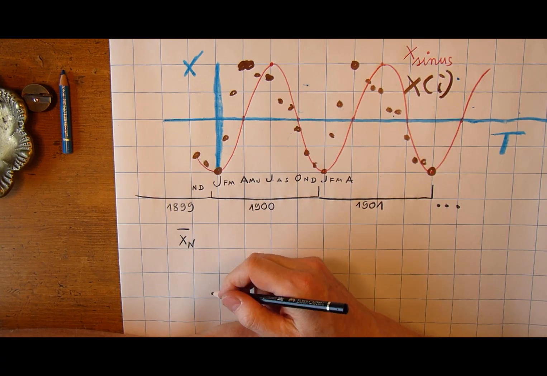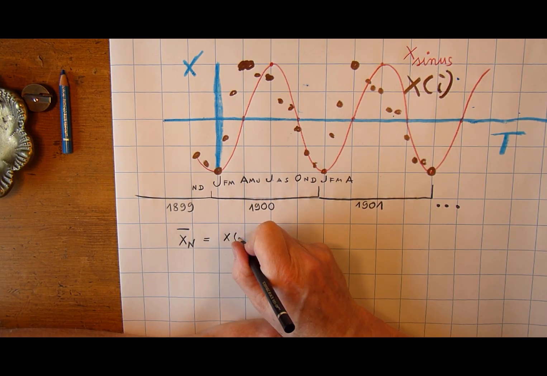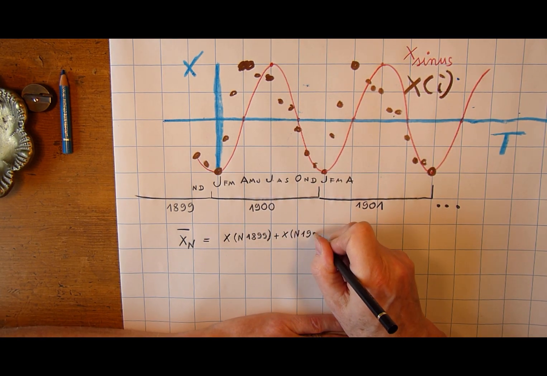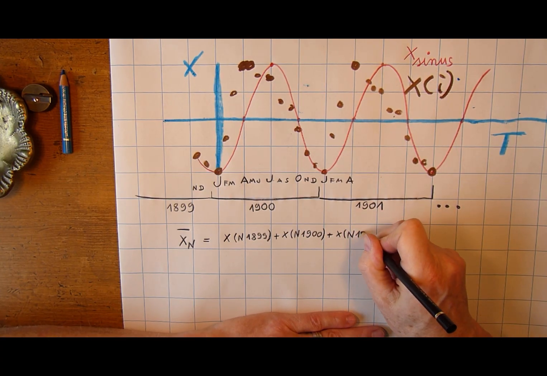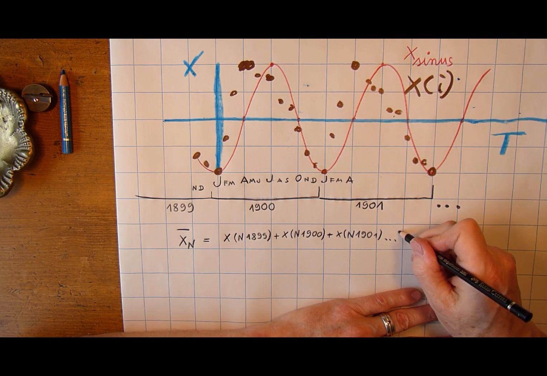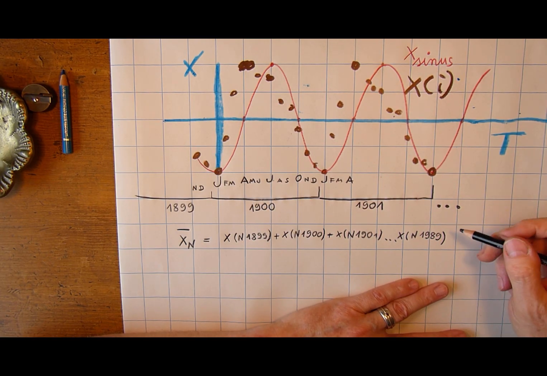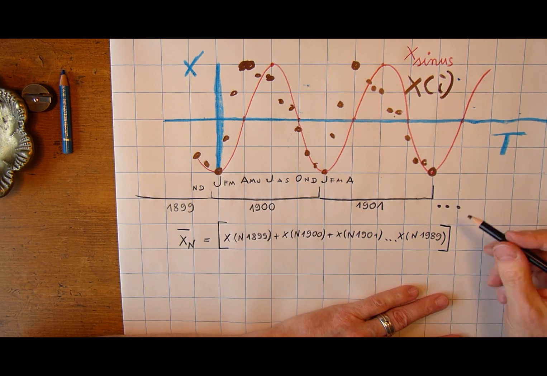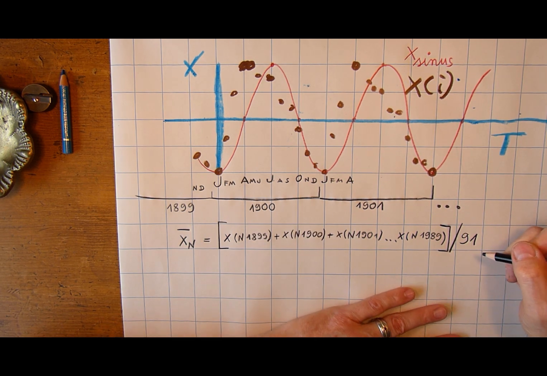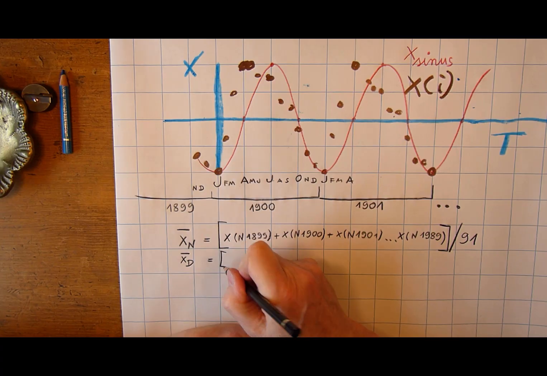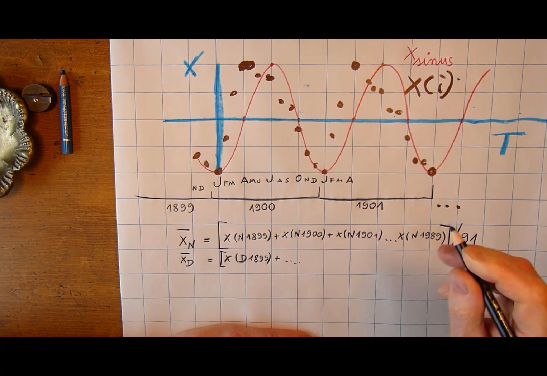We calculate the monthly averages. The November average, x bar n, we get by adding all the November values and dividing by their number, the number of years, 91. And this is the December average, x bar d.